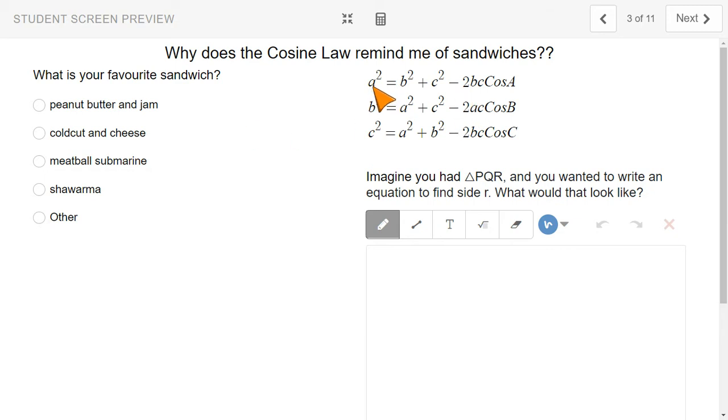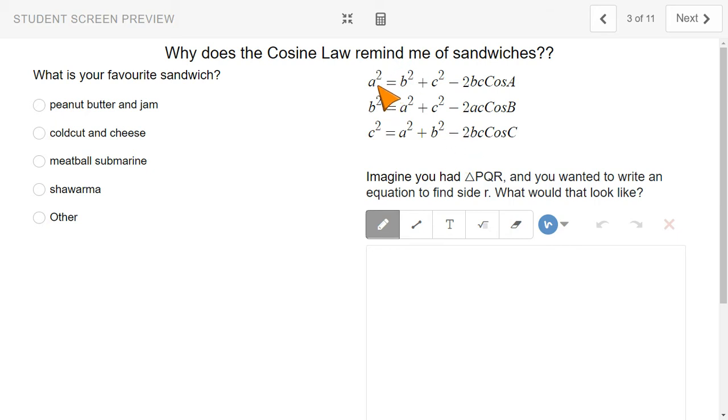Now, you'll notice that the cosine law is like that too. If it starts with an A, it ends in an A. If it starts with a B, it ends in a B. Same if it starts with a C, then it ends with a C. And everything else is thrown in between.